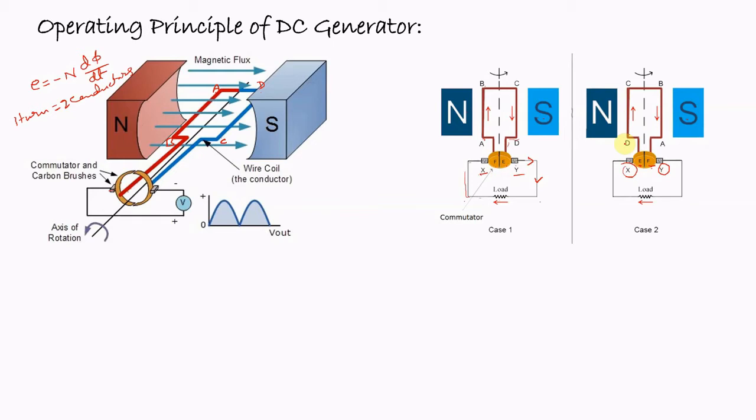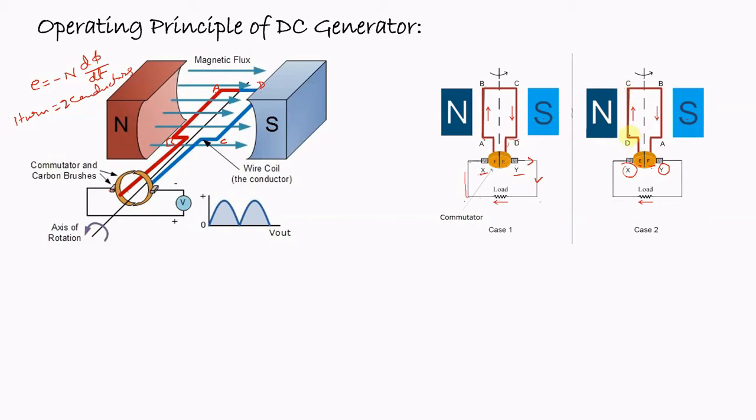Now when the CD side is under the north pole and AB side is under the south pole, the EMF induced in CD and AB will be reversed compared to the earlier case. In the earlier case, when the CD side was under the south pole, the current direction was downward, from C to D. But when the CD side comes under the north pole, as the flux direction changes, according to Fleming's right hand rule the EMF induced in CD side conductor also changes.